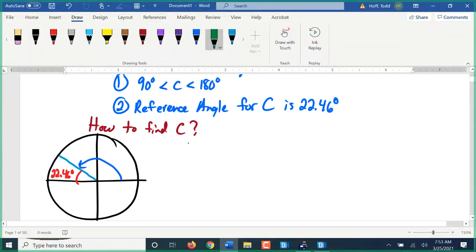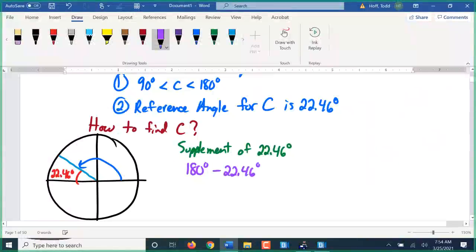It is the complement, or not the complement, the complement would be 90 degrees, this is from 180, it's the supplement of 22.46 degrees. So it's 180 degrees minus 22.46 degrees, giving us 157.54 degrees.